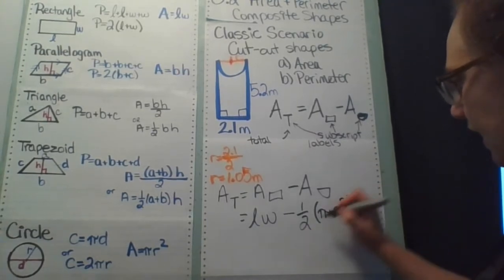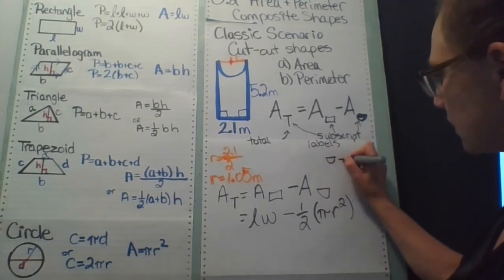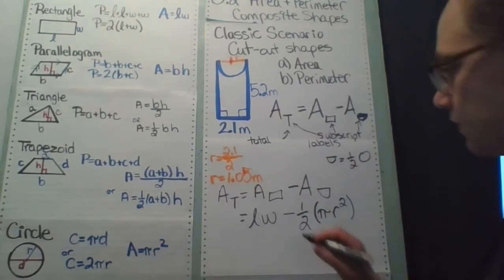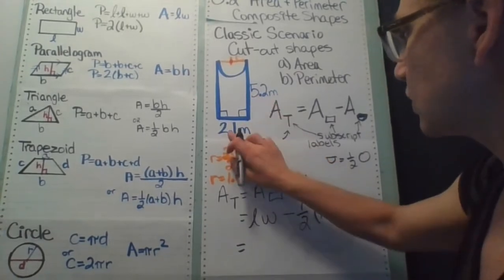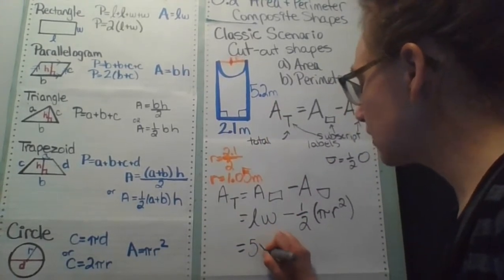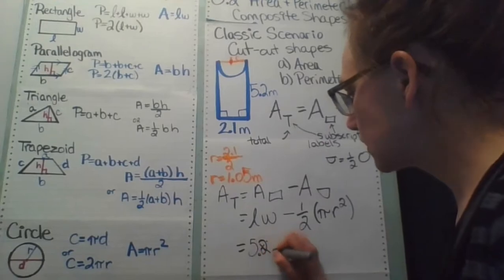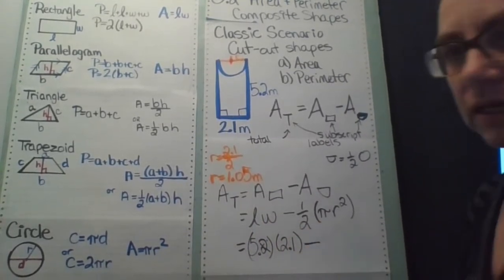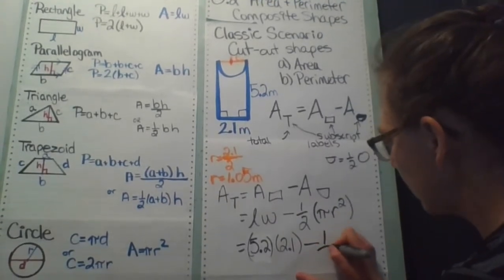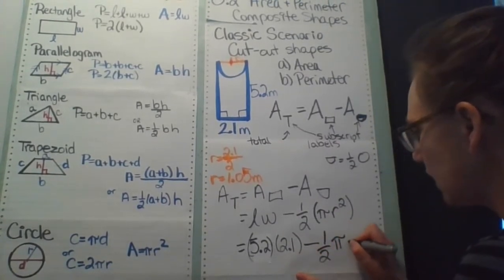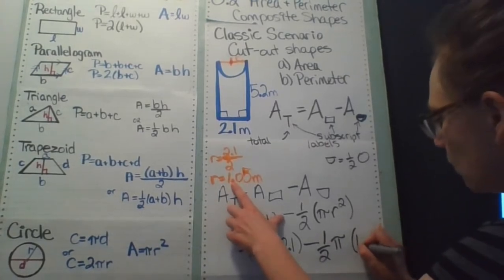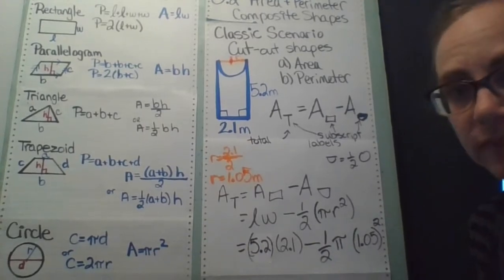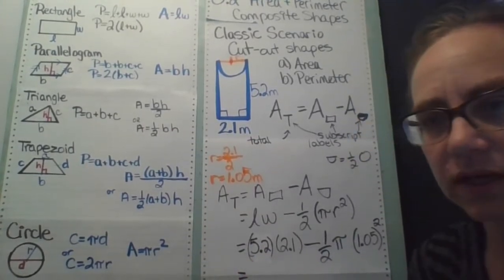So don't forget that half is because a semicircle equals half of a full circle. Sticking our numbers in: 5.2 times 2.1 minus 1/2 times pi times, what's my radius? 1.05 all squared. Toss it in your calculator.